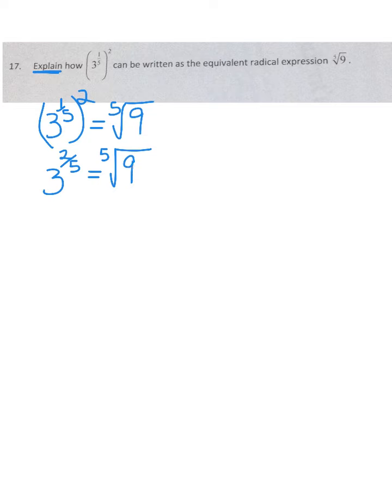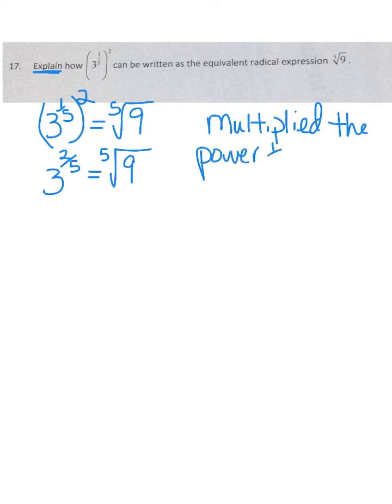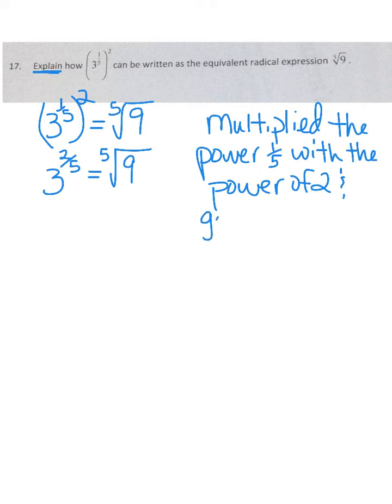What I did was I multiplied the power 1/5 with the power of 2 and got 2/5. All right, so I'm going to actually number these steps so I know what I did.